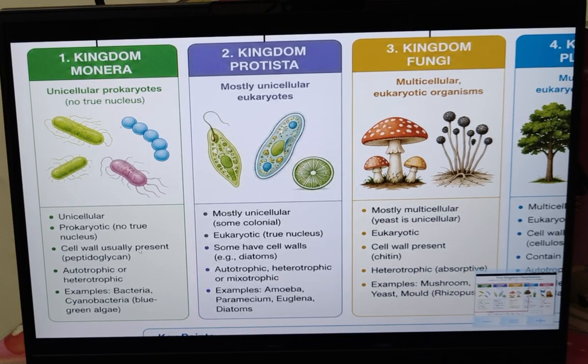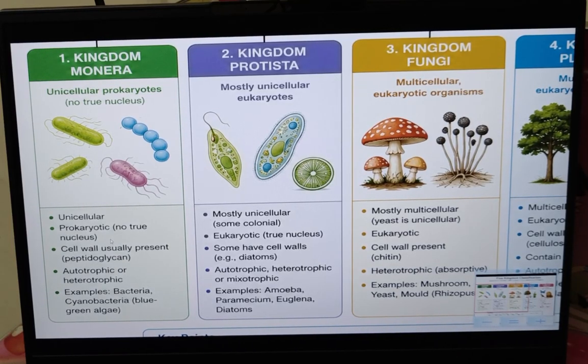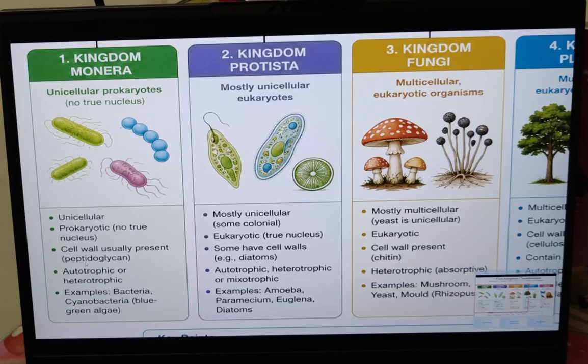Cell wall usually present. These are the common characters of kingdom Monera, but you can still find certain characters varying with organisms. It has a cell wall and it is made up of peptidoglycan layer.